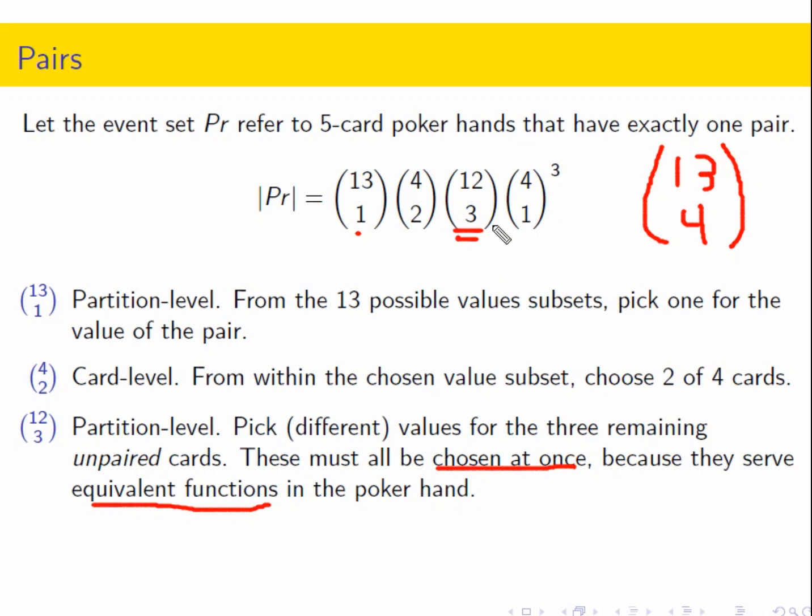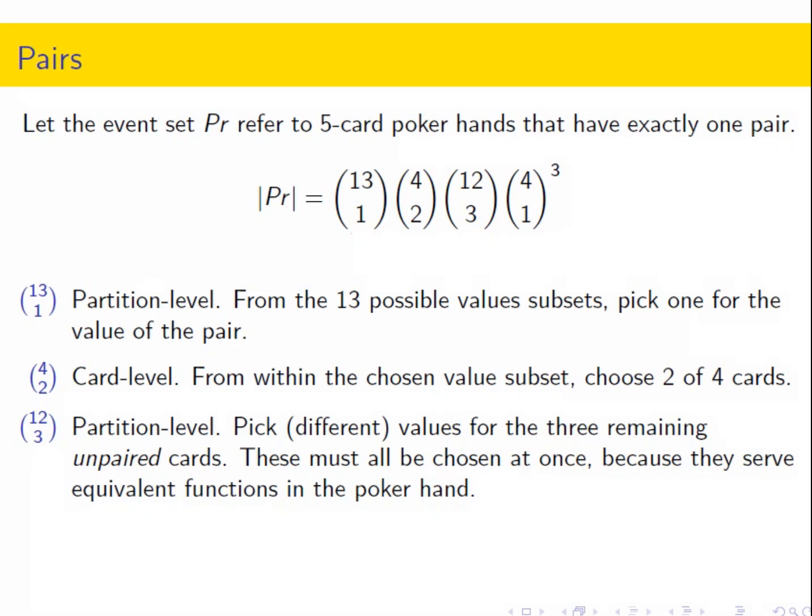But they serve a different function than this one over here, which is picking the pair. So that's why we have to do 2 partition level picks. That's why 13 choose 4 doesn't work. It would end up overcounting; we would count too many.